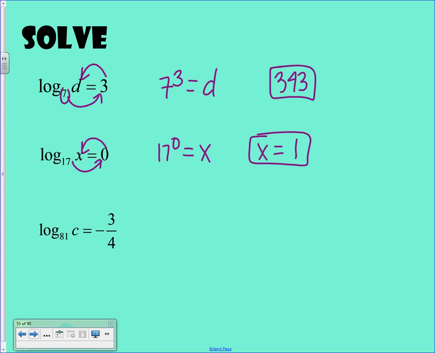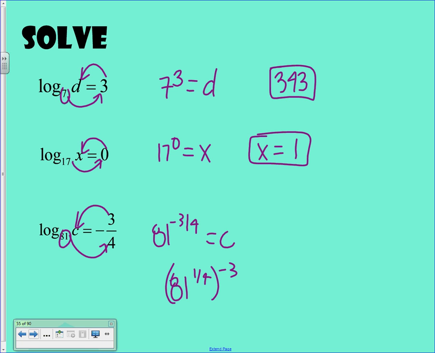In example G, things are getting a little trickier, but it's still the same setup. So I'm going to say 81 to the -3/4 equals C. And yes, this is no calculator, so remember all the way back to first semester how to break up the -3/4. That's the same thing as 81 to the 1/4 and then to the -3rd.